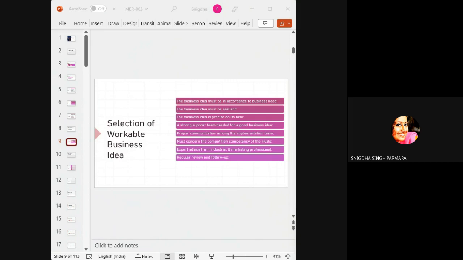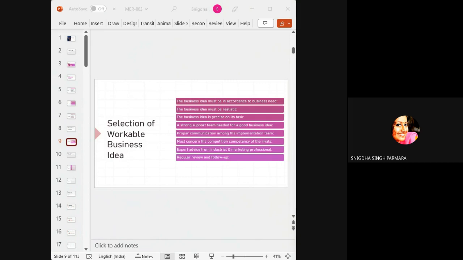Business idea is precise on its task. The deadline and completion date becomes an important factor while you are finding out a business idea. Whether your idea will succeed or not depends to a great extent on the deadline and the completion dates.